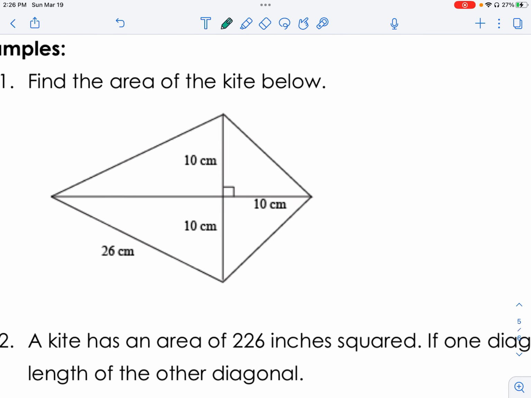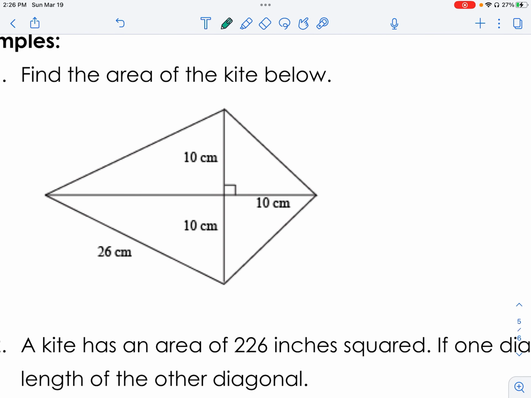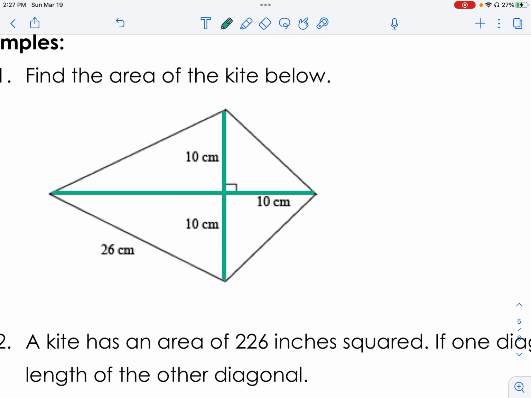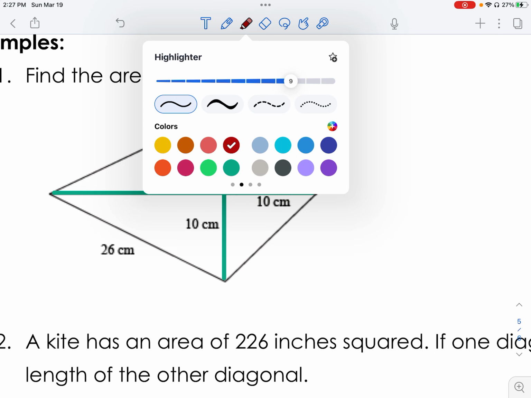So here is our lovely kite here. We have our lines that I'm putting in this lovely teal color to create some right triangles. And we want to find the area below. So if I'm given, let me pick a fun color here.